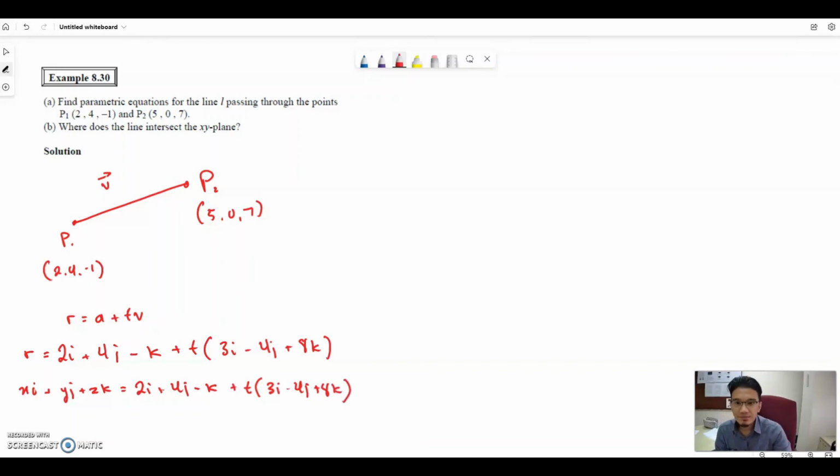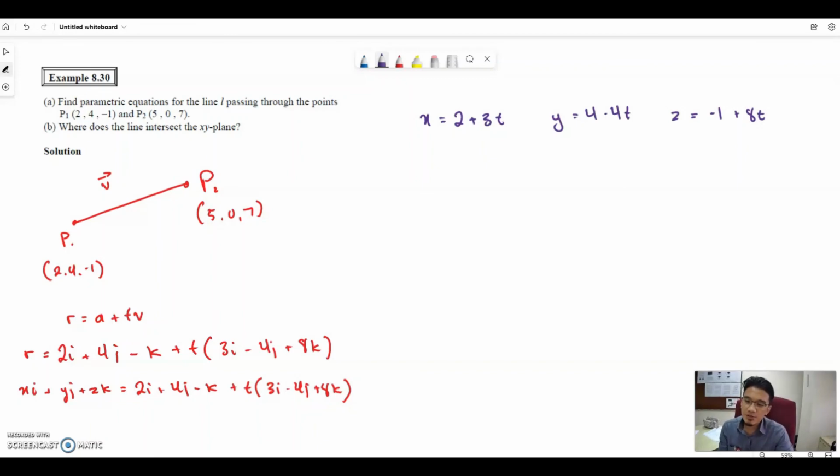So right here I will have x equal to 2 plus 3t, and then y equal to 4 minus 4t, and then z equal to negative 1 plus 8t. So this is the answer for question A.